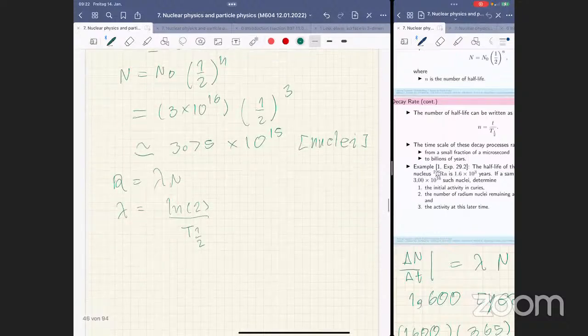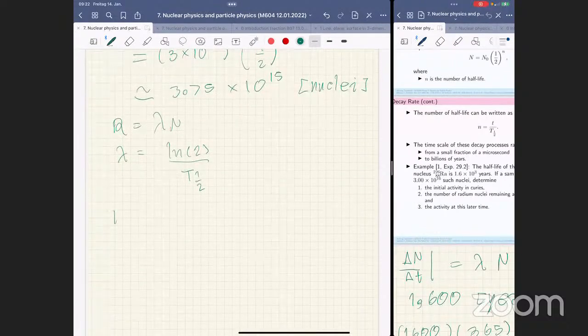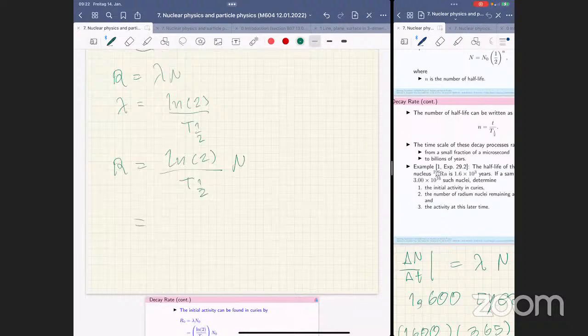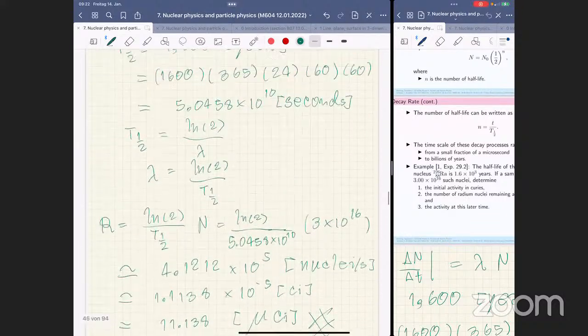Once you substitute back, you're going to get rate at this time is going to be ln 2 divided by half-life and n. And we substitute ln 2 into that expression, it's somehow 0.699 or something like that. And you get a half-life, which is this number in the SI system.